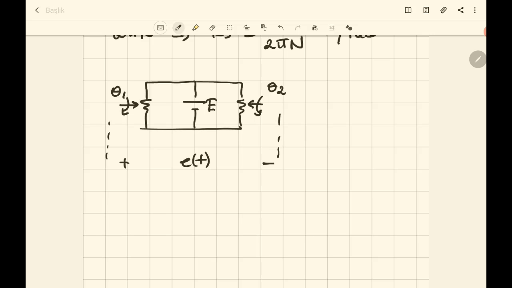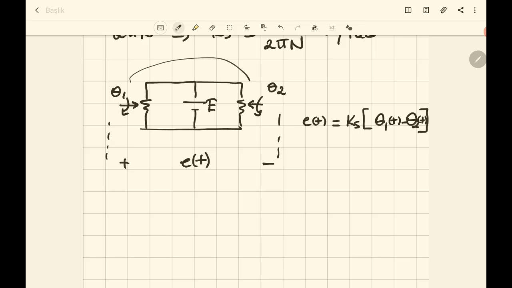So for this configuration, e(t) will be Ks times theta 1(t) minus theta 2(t). As you see, in this configuration we have two potentiometers connected in parallel to each other. This arrangement allows the comparison of two remotely located shaft positions.